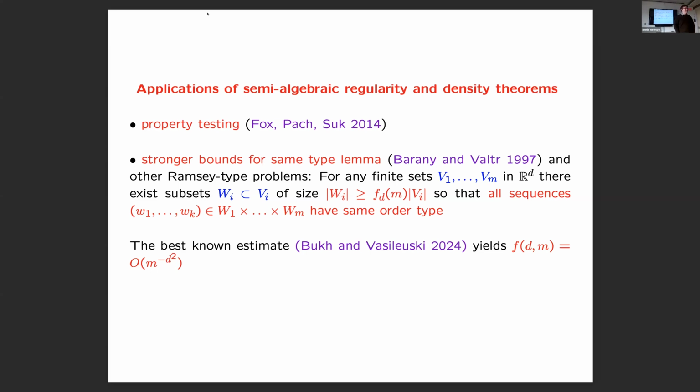And so you can use regularity results for proving such statements, and much, much more. Basically, you can replace having the same order type with satisfying some sort of semi-algebraic relation.